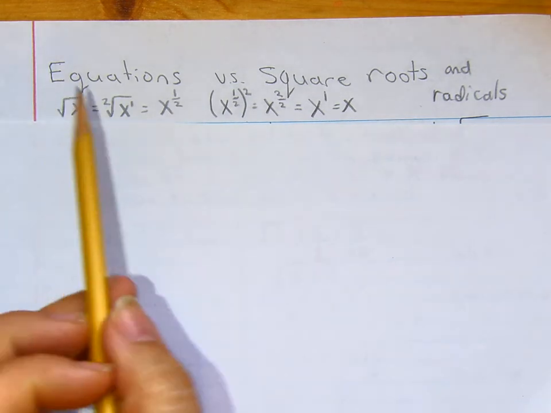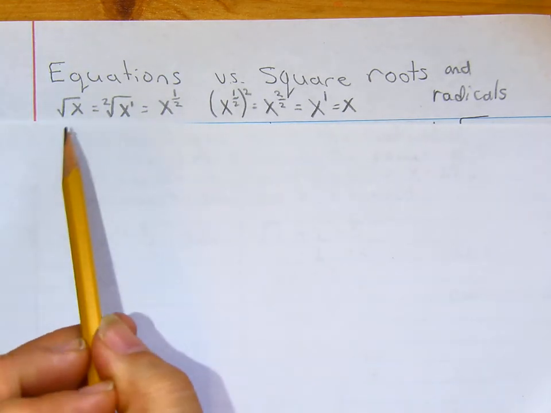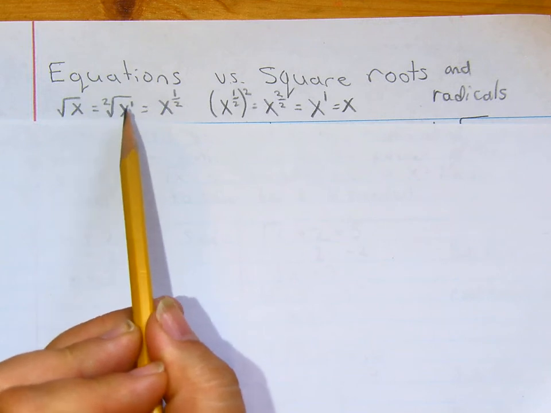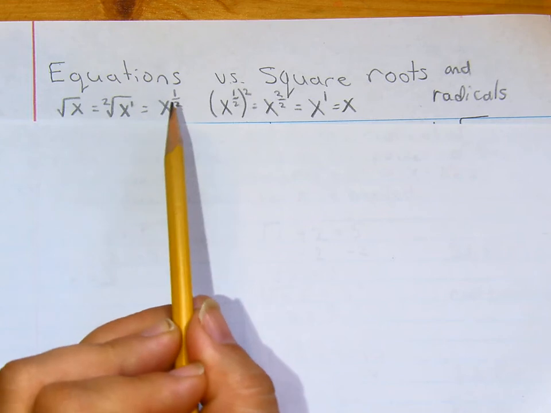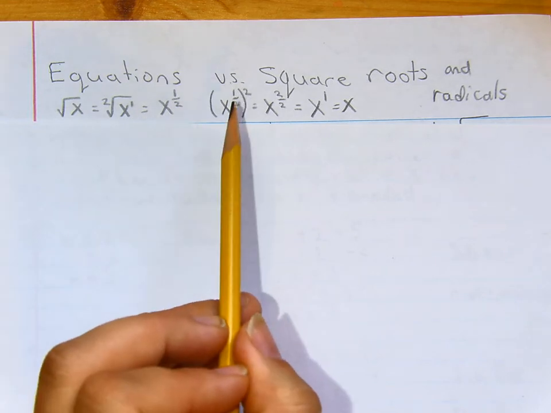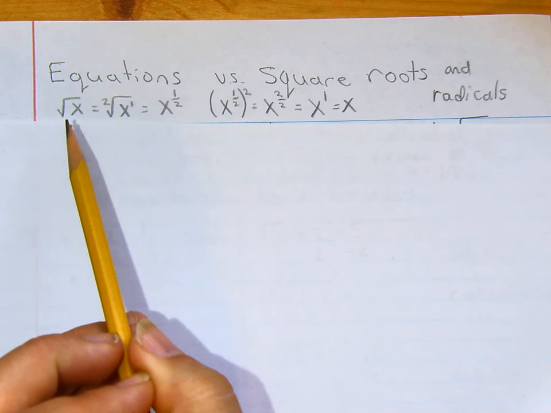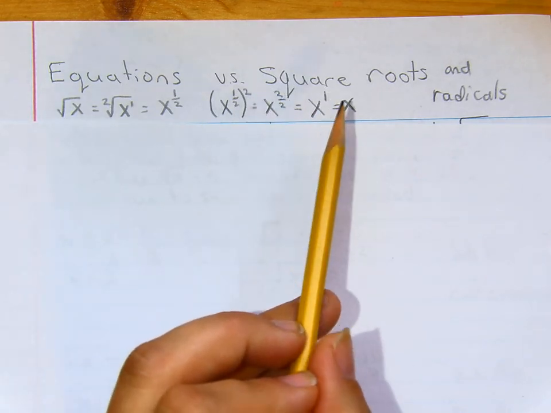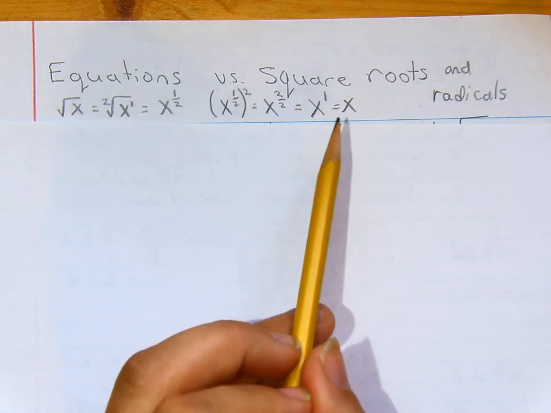We have a little bit of reminders up on the top: if you have a square root, that's the same thing as x raised to the power of 1/2. When you square the square root, you simplify down to just x by itself.